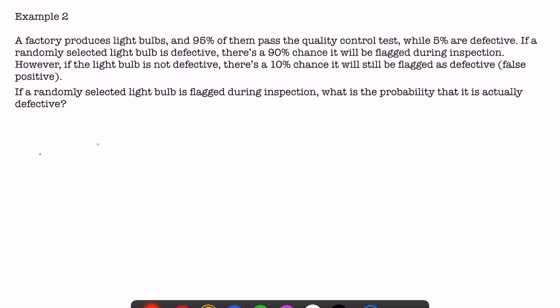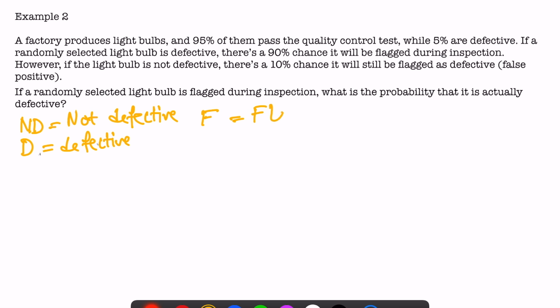Let's write down the events. So this, and D is now here not defective, and if D is defective, F is flagged, and F is not flagged, right?